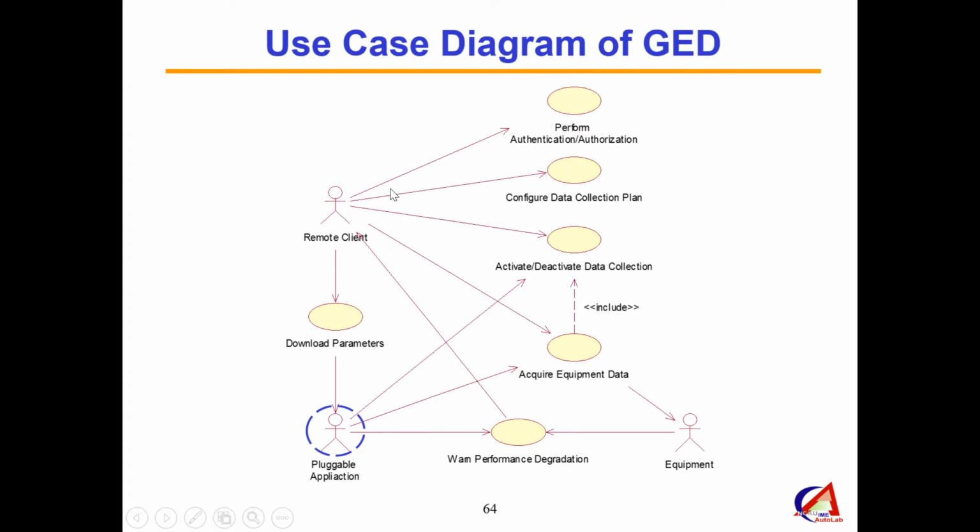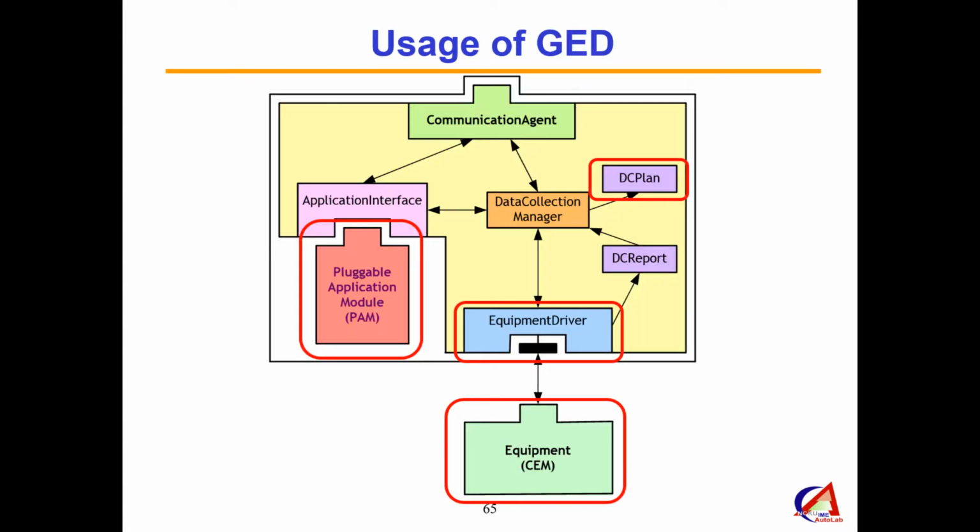And you see this use case diagram, you see the GED can perform authentication and authorization and correct data collection plan, etc. And you see here we have a pluggable application. You need to plug in a pluggable application interface, the AI. So then the usage of GED, those are pluggable.